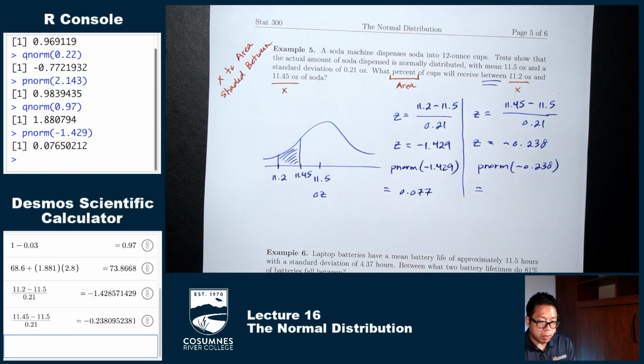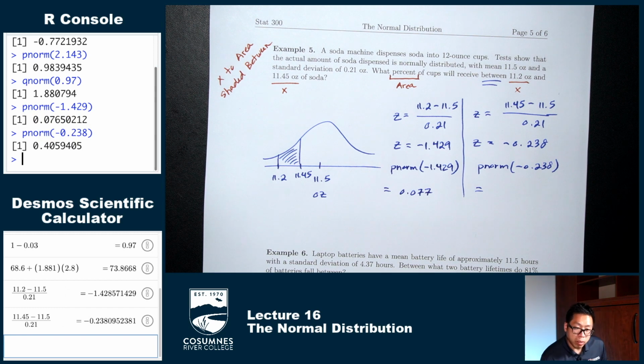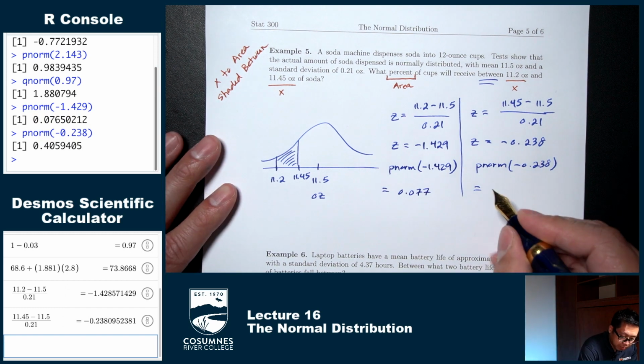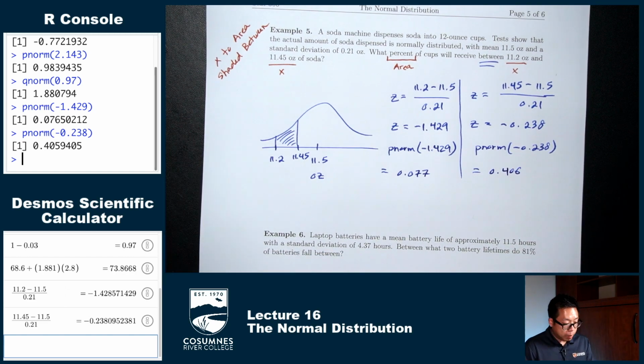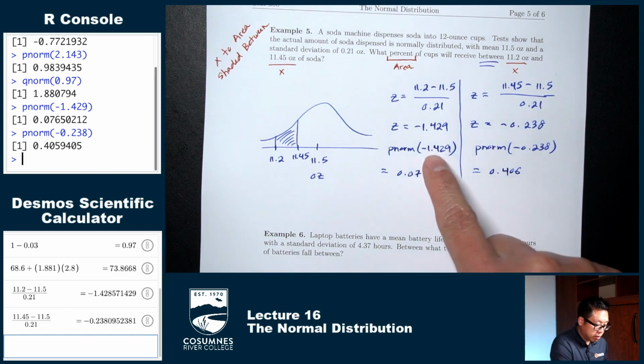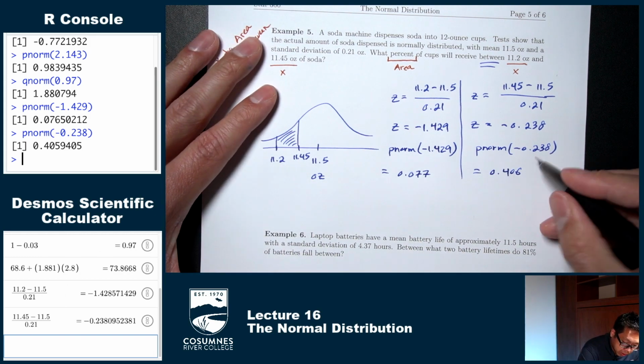Okay, the other one, p-norm negative 0.238, 0.406. Okay, remember the way p-norm works is you feed it a z and it spits out left area. So both of these are left areas.